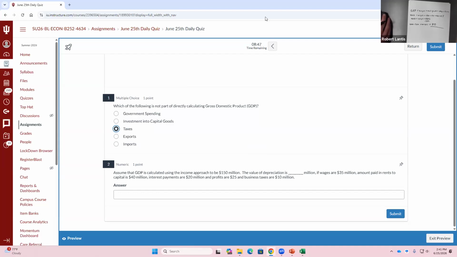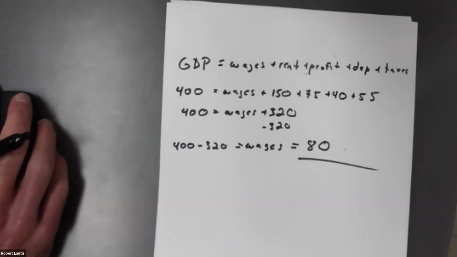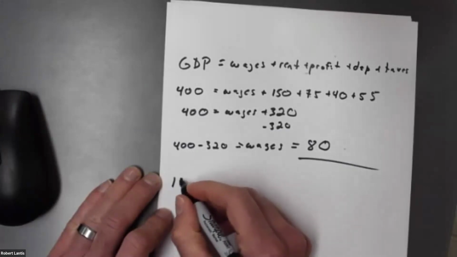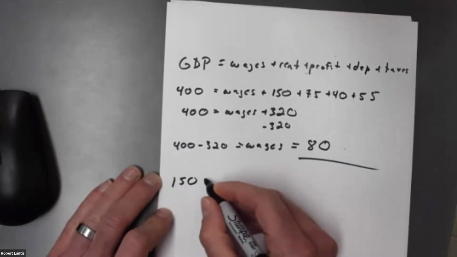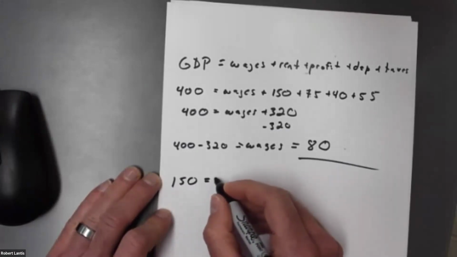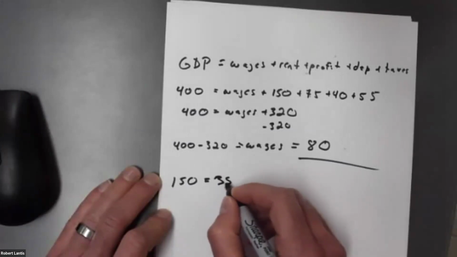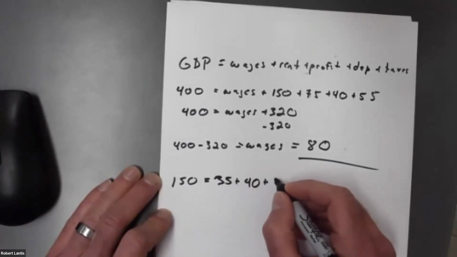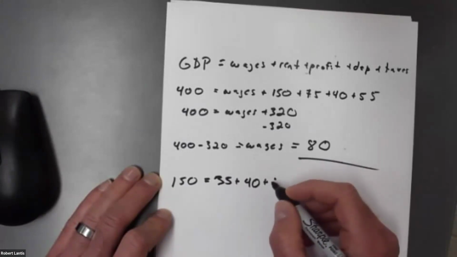So this should be just like the problem we worked through before. I just now know that my GDP is 150. I think I was given wages here are 35, rents paid are 40, interest payments are, did I leave this number? Hold on.